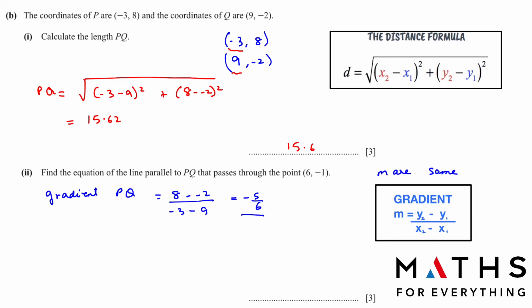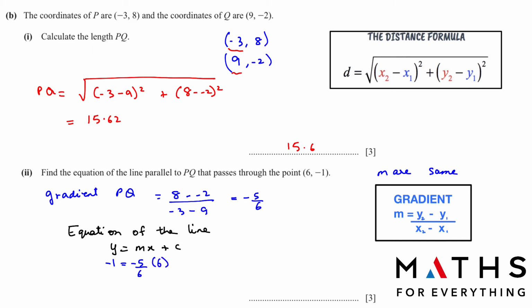This is our gradient. Now to find the equation of the line, we use the formula y is equal to mx plus c. This is our x, this is our y, this is our m. We have to replace it here and find c. So -1 is equal to -5/6.